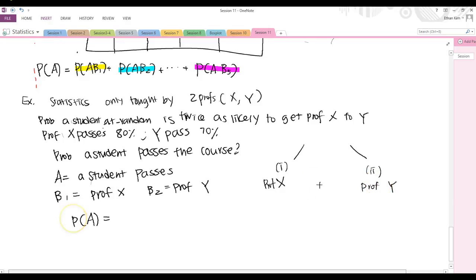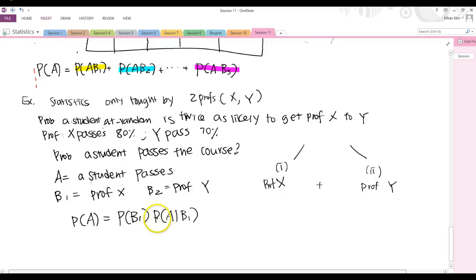The probability of event A occurring, which is the probability that a student selected at random passes a course, is the probability of B1 times the probability of A given B1. We're multiplying the probability of a student having Professor X by the probability that, given the student has Professor X, the student passes the course.